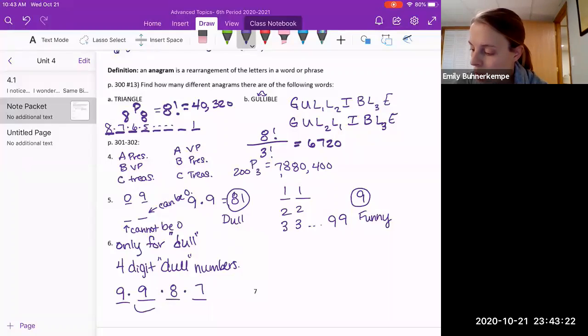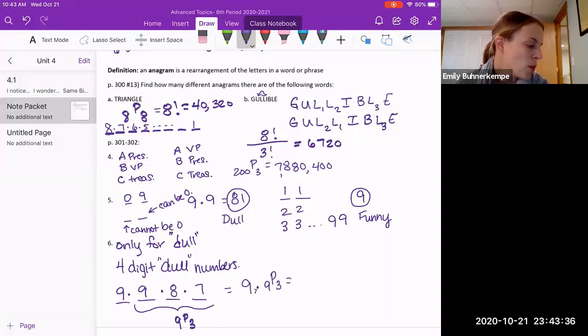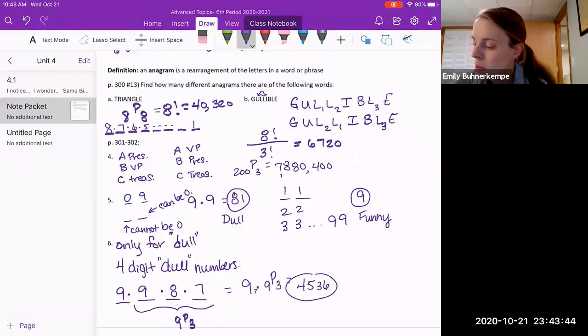So this part right here is 9 permute 3. So in total, there are 4,536 dull 4-digit numbers.